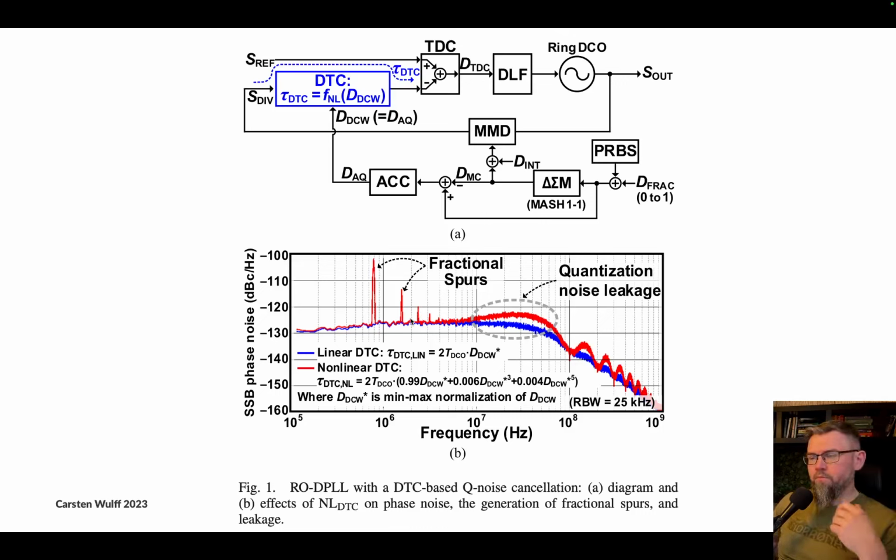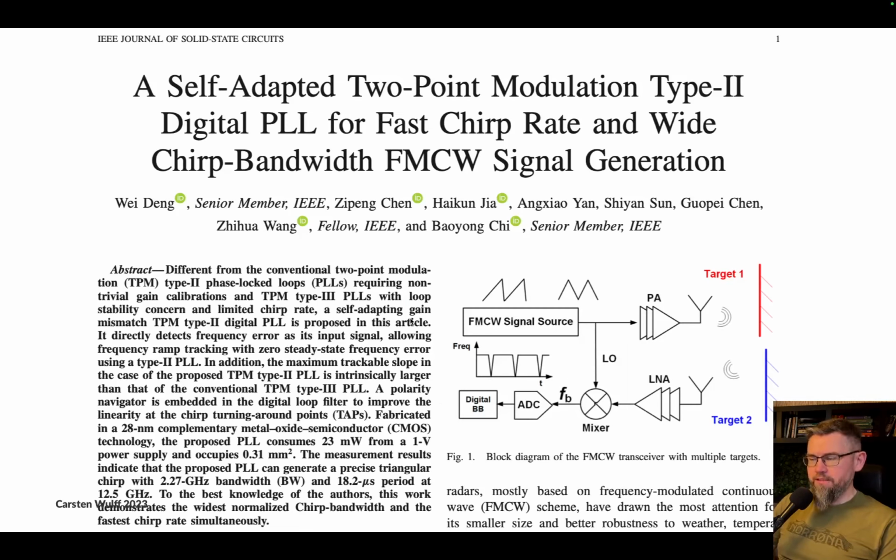Which is why quite often when you make PLLs for radios, you probably need a few tape outs to get it right. You won't be able to simulate everything before you actually have something that can work in high volume. It's hard, which means it's fun.